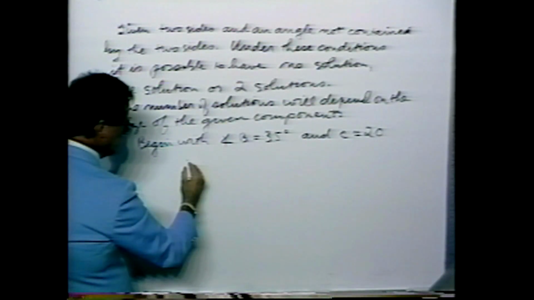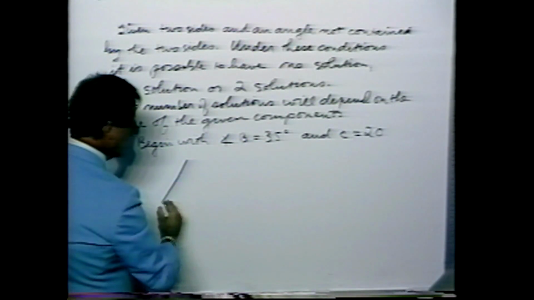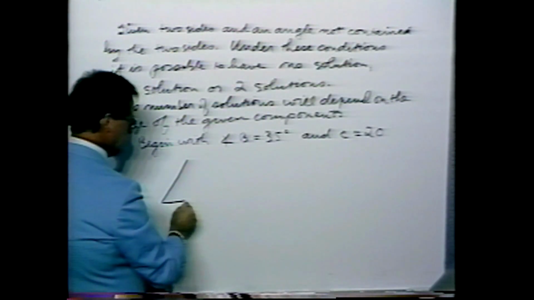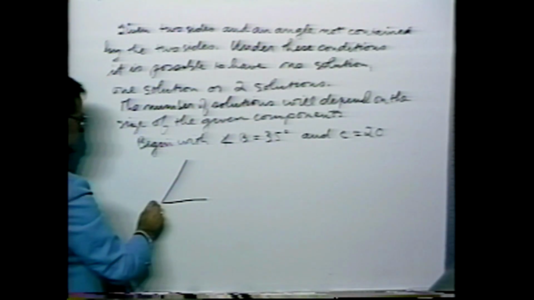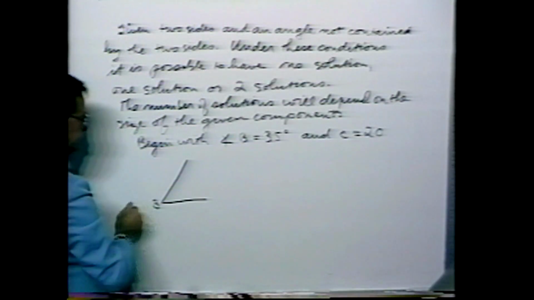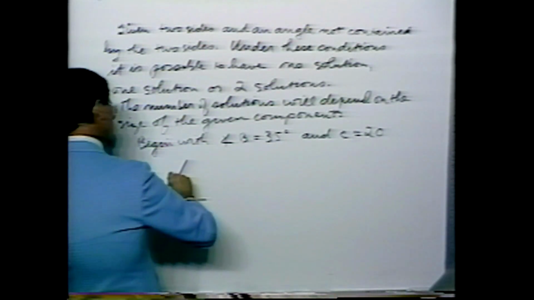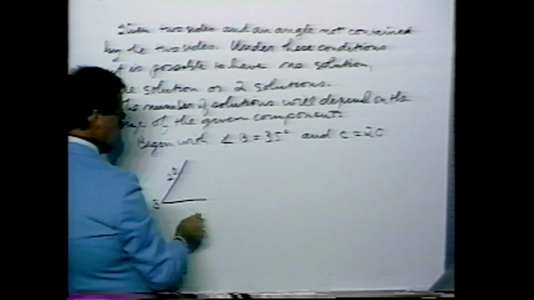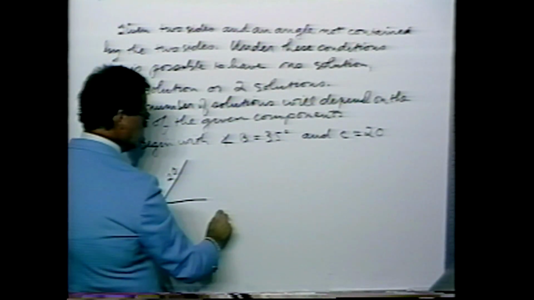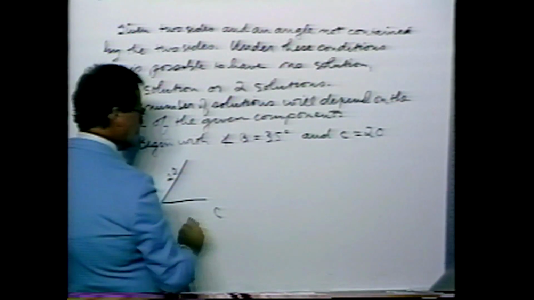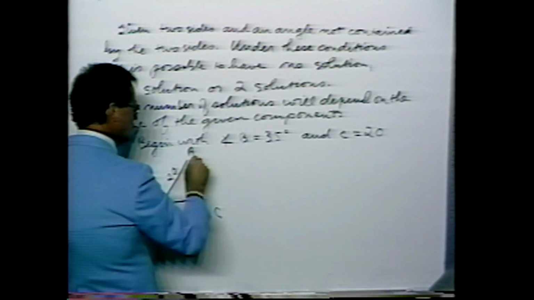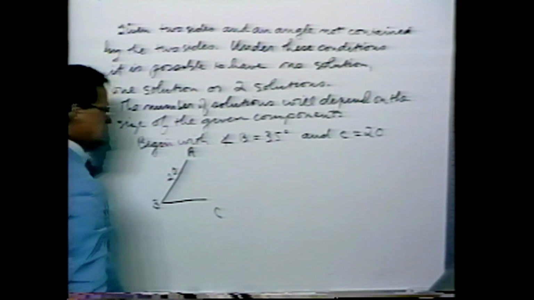Let's draw part of this figure. We will make this B and this length c. And so somewhere here is the angle C and up there is where angle A is.